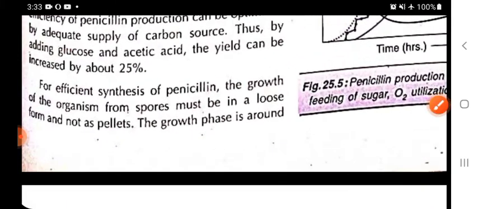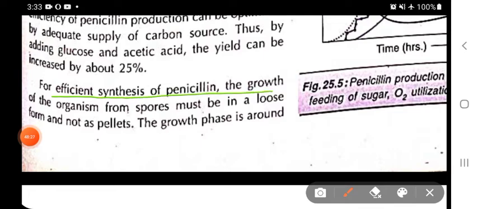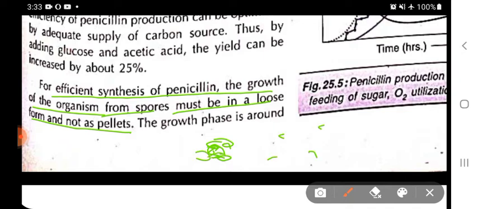For efficient synthesis of penicillin, growth of the organism from the spores must be in the loose form, not as pellets. Well, the spores are found in the form of clumps known as pellets. So you should use the spores in loose form. That's why we have to go for the pre-culture, where we have to suspend this inoculum containing spores into their loose form.